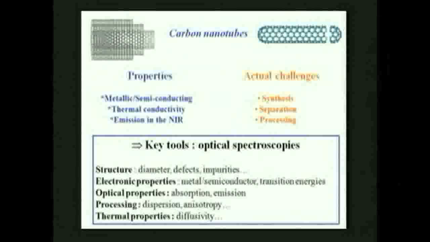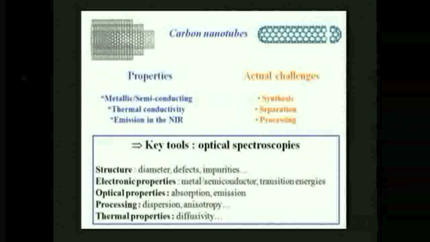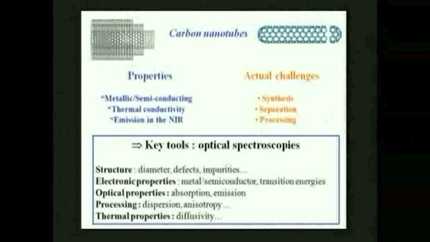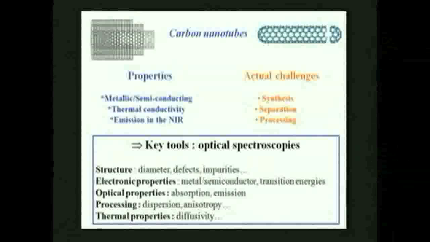And you also have information on the structure of the nanotubes when you use these spectroscopies. So this course will mainly focus on how optical spectroscopy can help to get information on the structure, electronic, and optical properties of nanotubes. These are the different parts of the course we will try to detail.